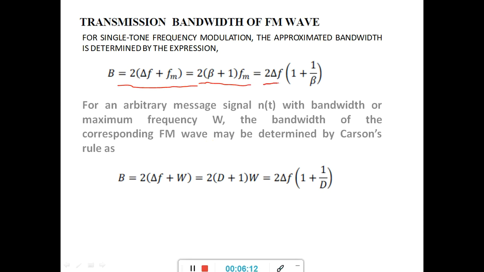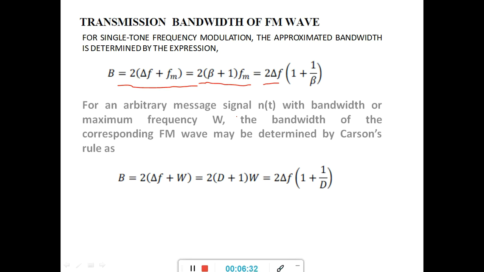If we take delta F common, then it is 1 plus 1 by beta. By this we get the bandwidth. But the expression given by Carson's rule determines an FM bandwidth that accommodates at least 90% of the total power.